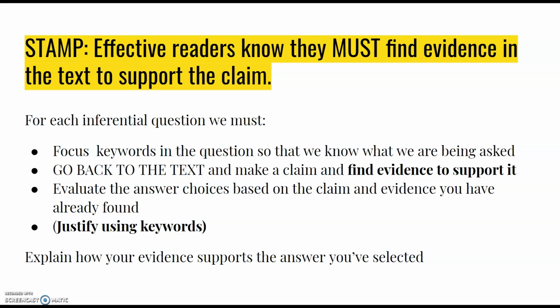Go back to the text and make a claim and find evidence to support it. And then evaluate the answer choices based on the claim and evidence you have already found. Justify your answers using keywords. Explain how your evidence supports the answer you've selected. Okay?